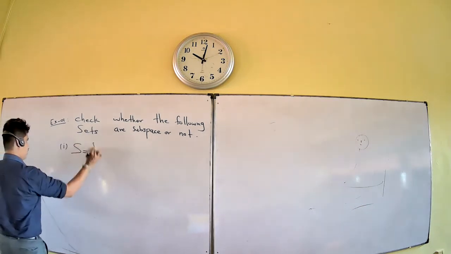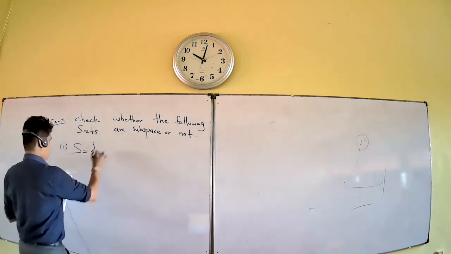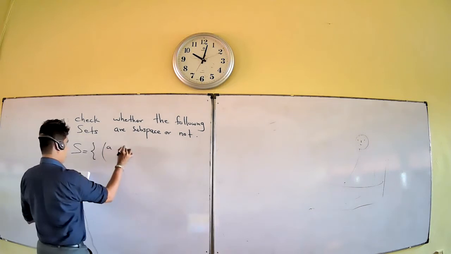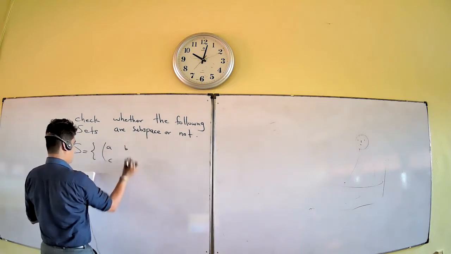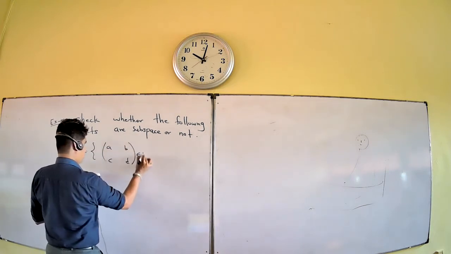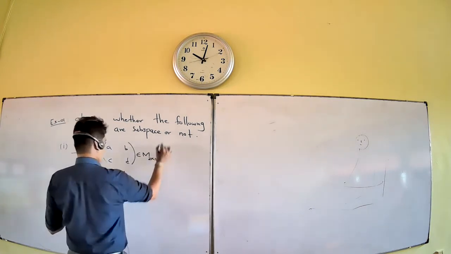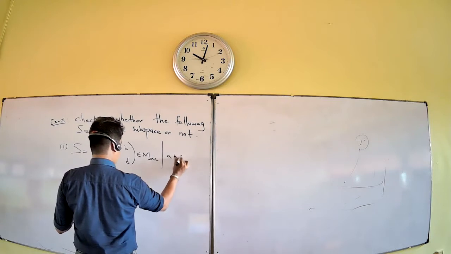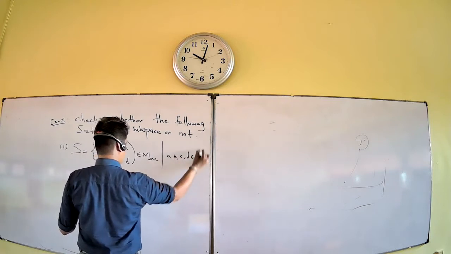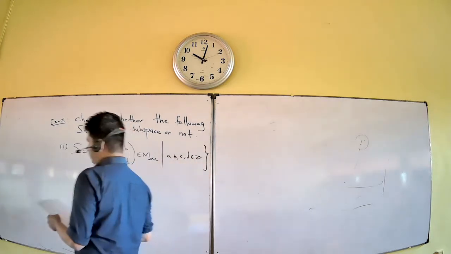For the first question, S is your set. It is the matrix, so A, B, C, D belong to M2 cross 2 matrix, where these A, B, C, D belong to the integers.